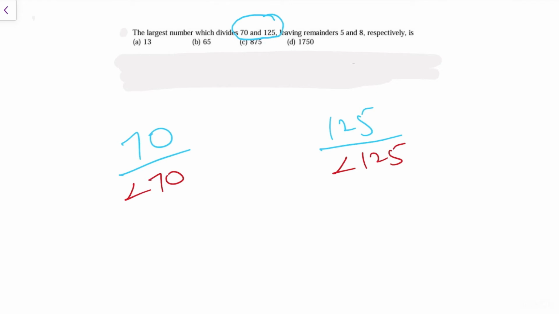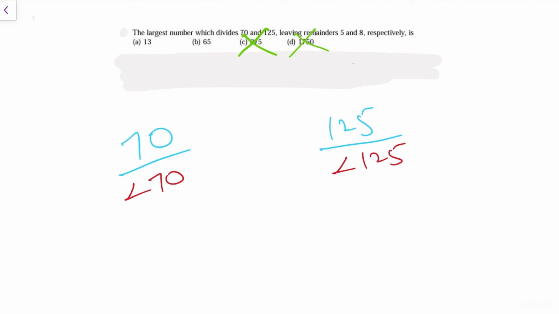Because if I take a number greater than 70, it won't divide 70. If I take a number greater than 125, it won't divide 125. So from this logic, I can remove option D as well as option C, because those are much bigger numbers than 70 and 125. Then remaining 13 and 65. 13 is smaller as well as 65. Both are smaller than 70 and 125.